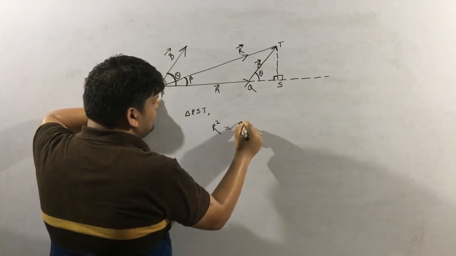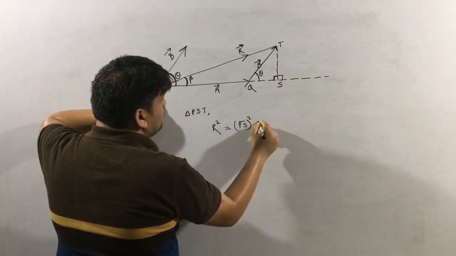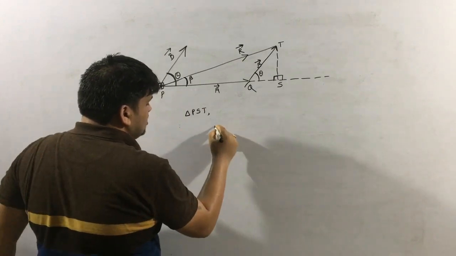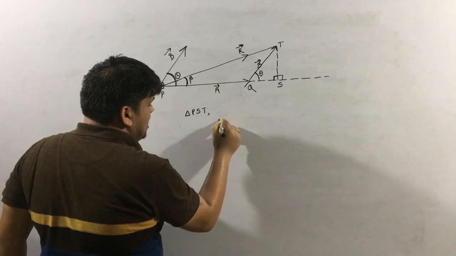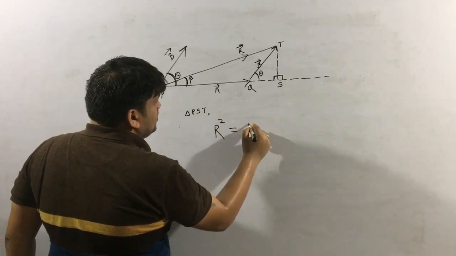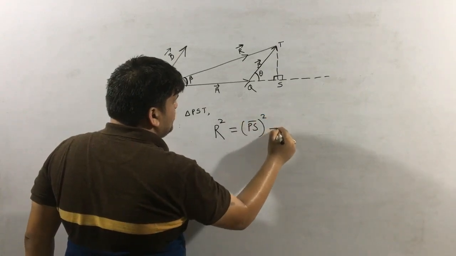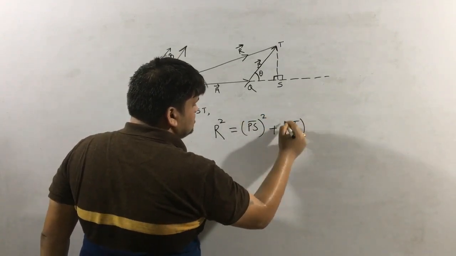So let me write it again in capital and somewhat larger: R square equal to PS square plus ST square.